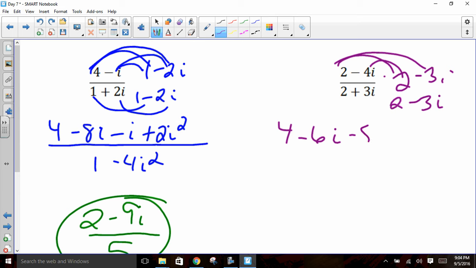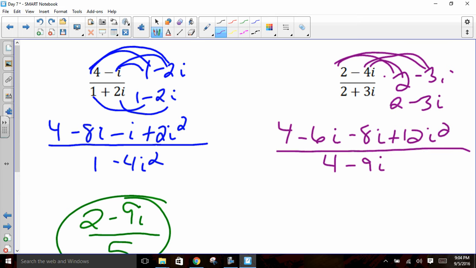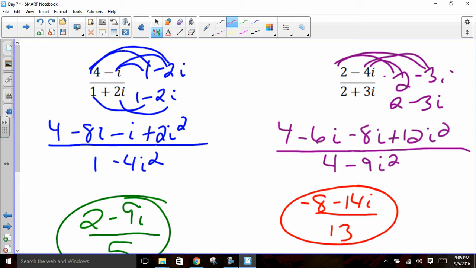Then I get negative 8i. And then I get positive 12i squared. All over 4 minus 9i squared. I go ahead and simplify, and I get negative 8 minus 14i all over 13.